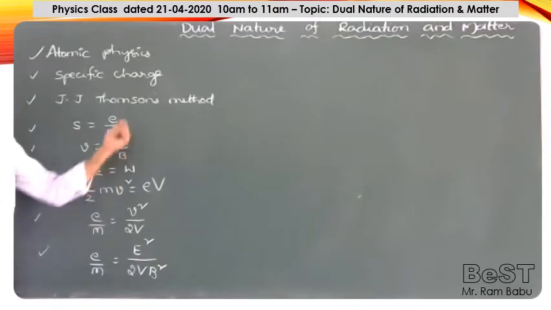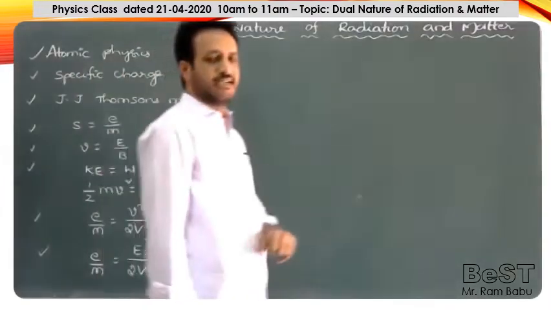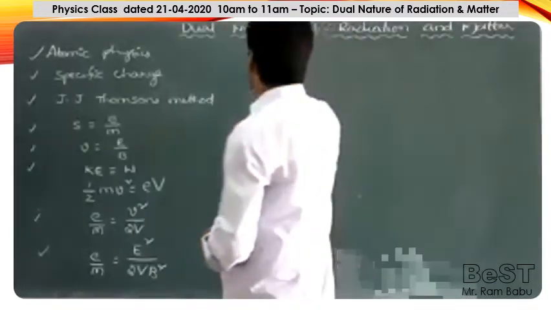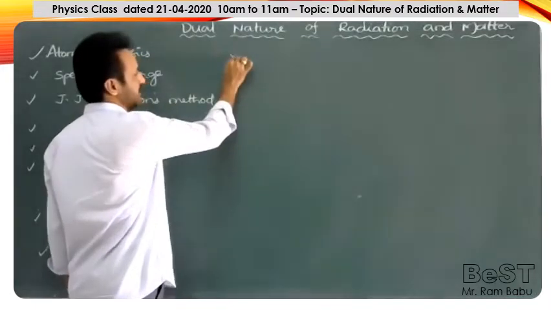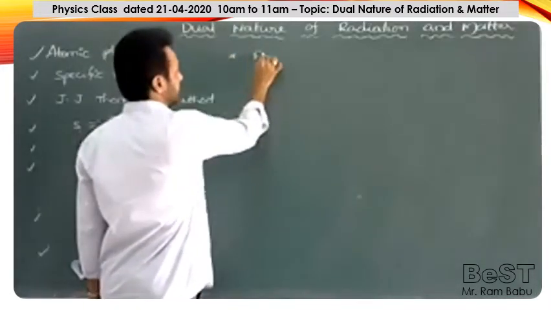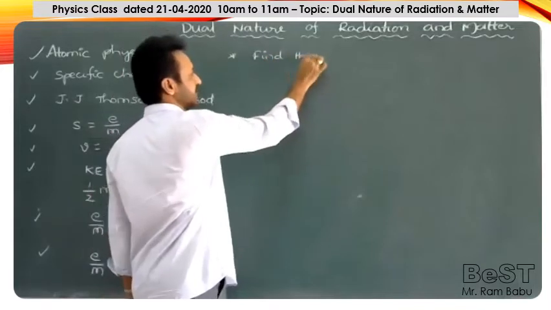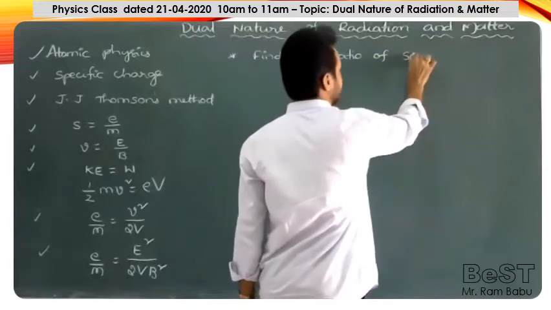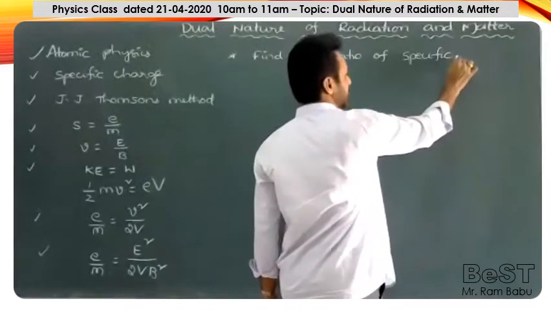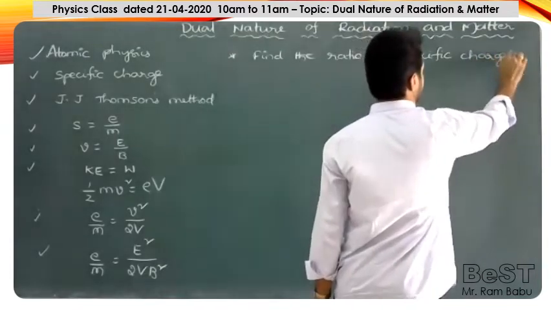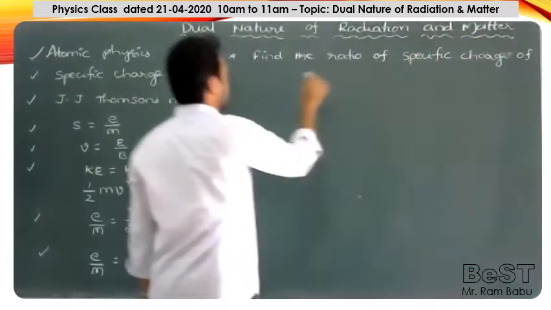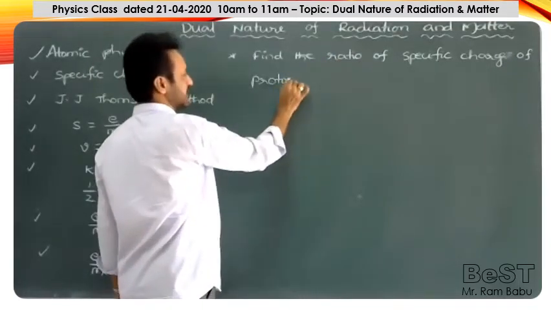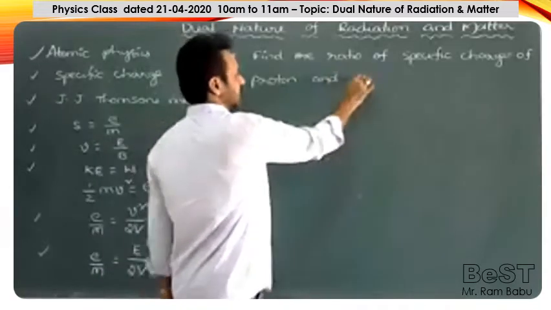So this formula we actually gave in the previous class, correct? Based on this, some questions may be asked in competitive exams. For example, try this question: find the ratio of the specific charge of a proton and an alpha particle.